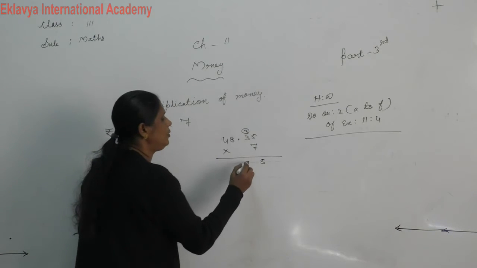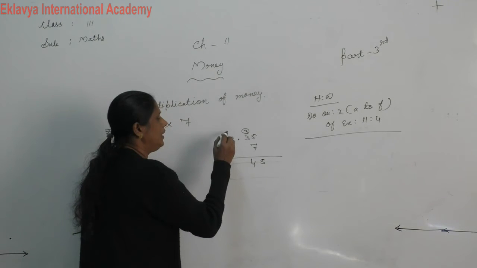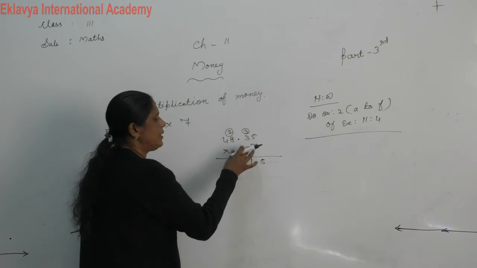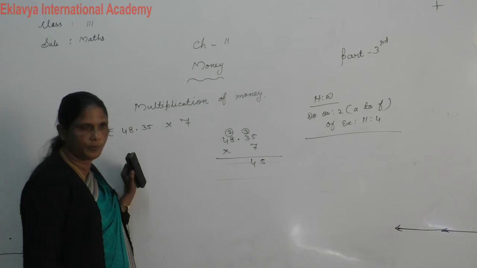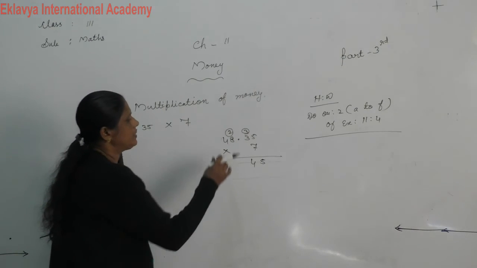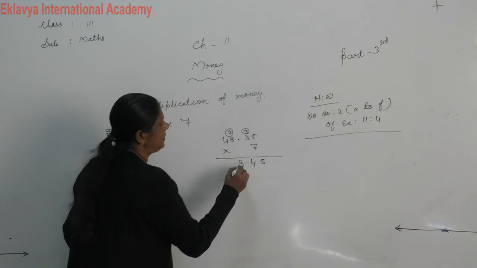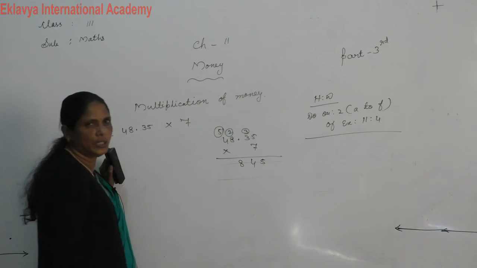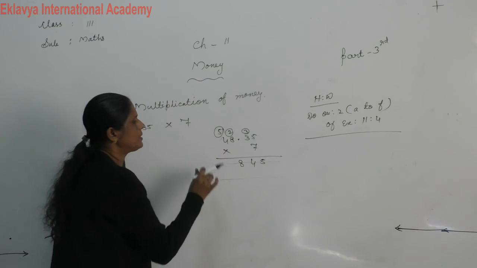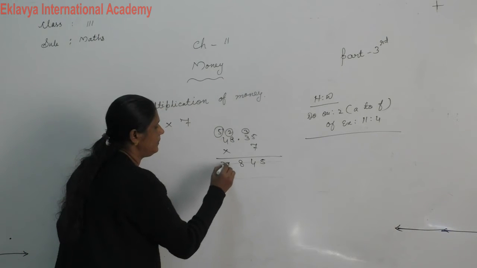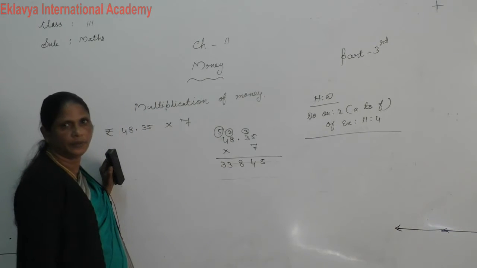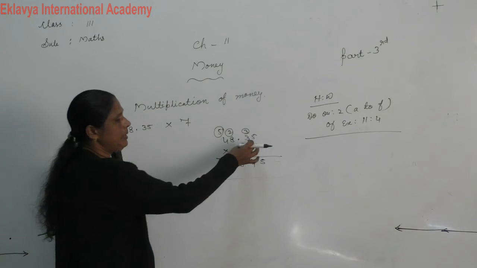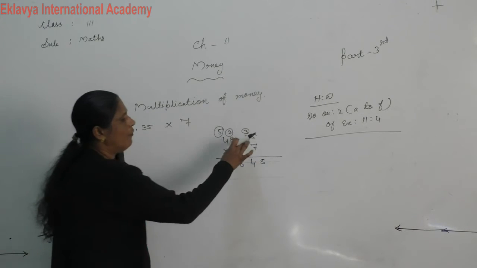21 plus 3 is 24. Then carrying 2. 7 times 8 is 56, 56 plus 2 is 58. Then carrying 5. 7 times 4 is 28, 28 plus 5 is 33. Then how many decimal places here? 2.